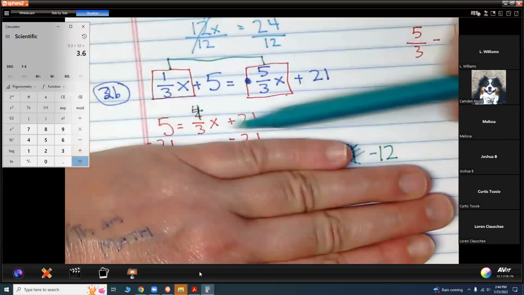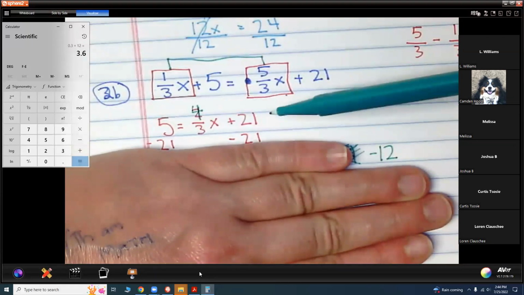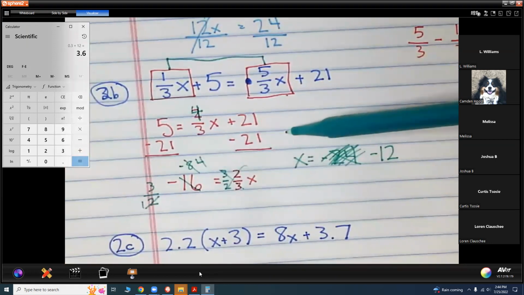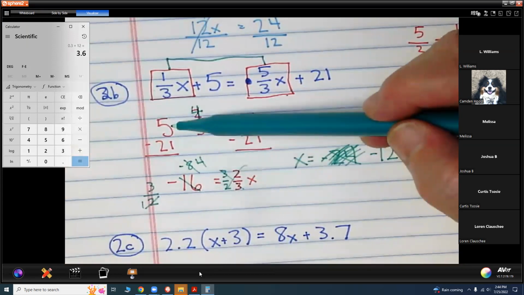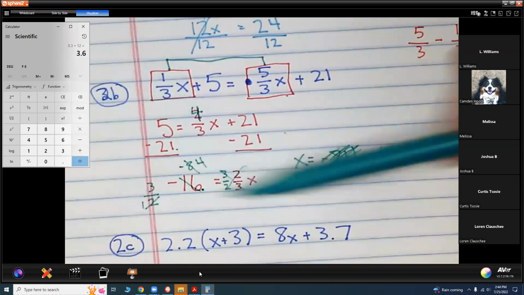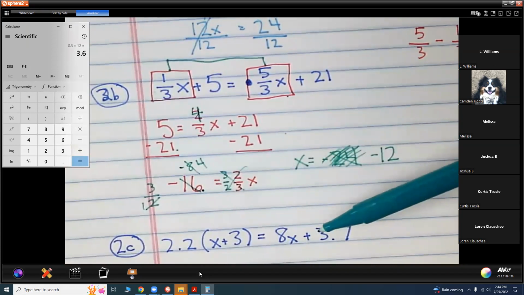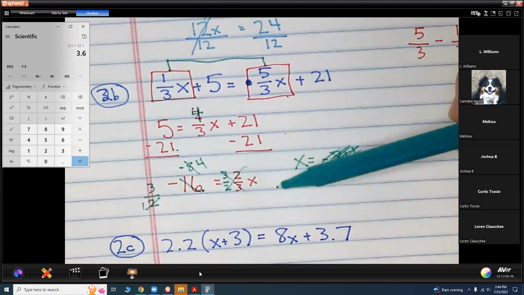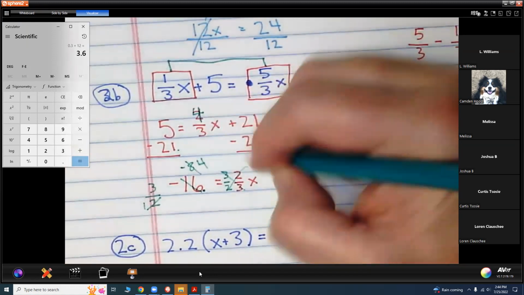Now that my terms are combined, I can just solve for x. I can subtract 21 from both sides of the equation. When I do that, 5 minus 21 gives me negative 16. And then 4/3 x on this side.